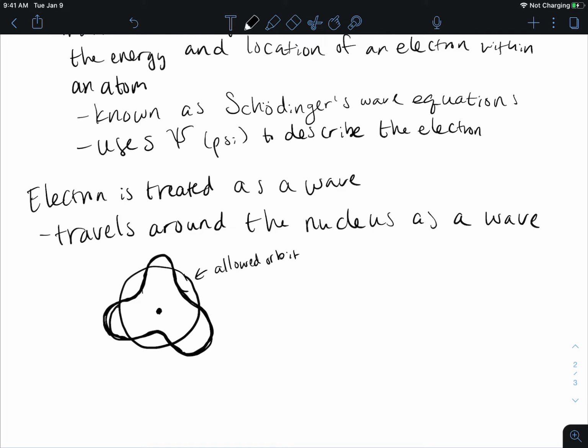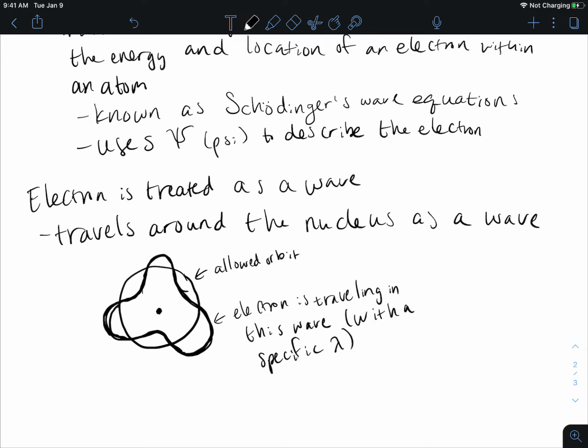So the electron is traveling in this wave, and this wave has to have a specific wavelength in order to constructively interfere and not destructively interfere.